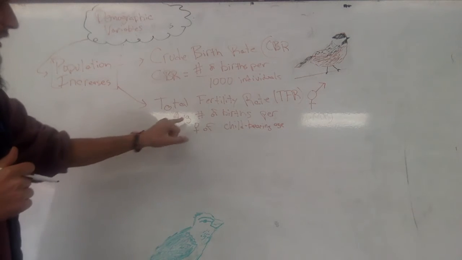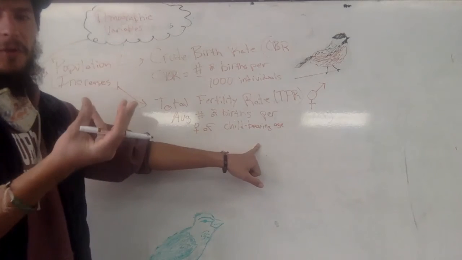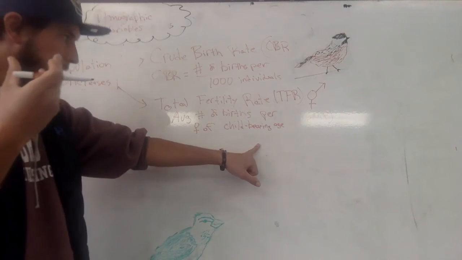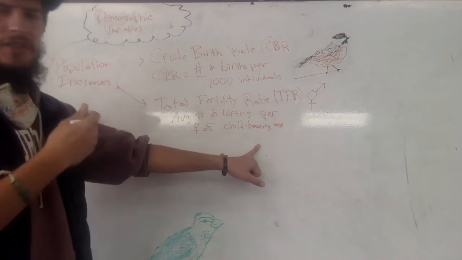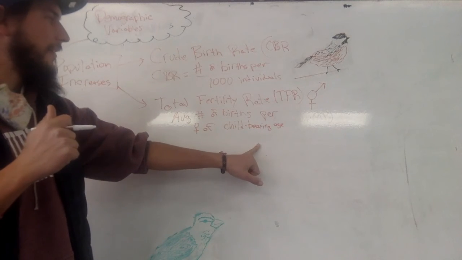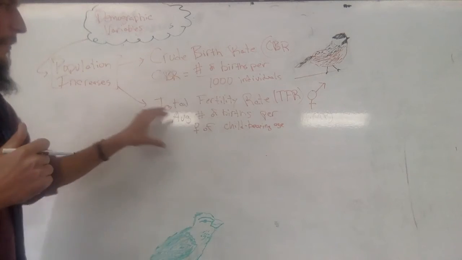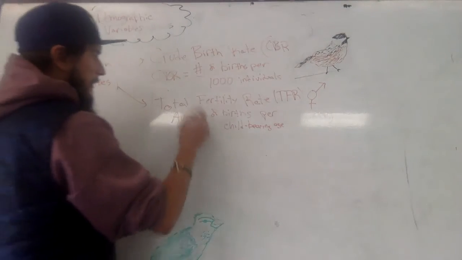So looking at just the number of births per woman of childbearing age tells us a little bit more about whether that population is regularly fertile. Maybe there's lower fertility rates due to some other environmental factor, etc. But it's a more detailed measurement in total fertility rates. Box that off.